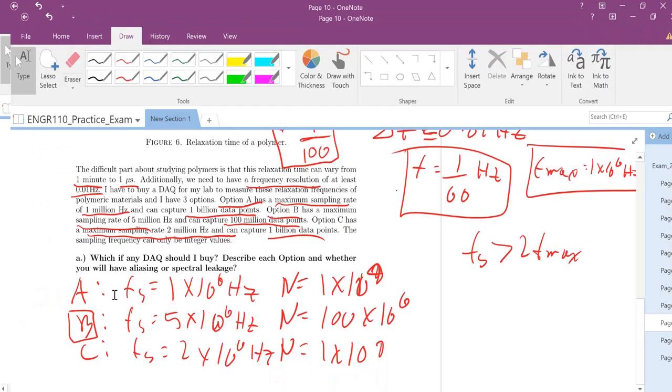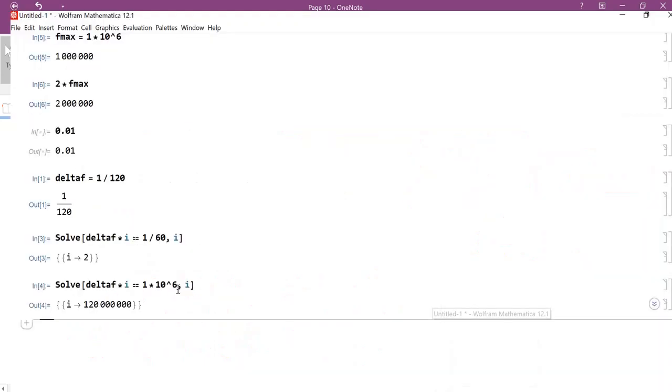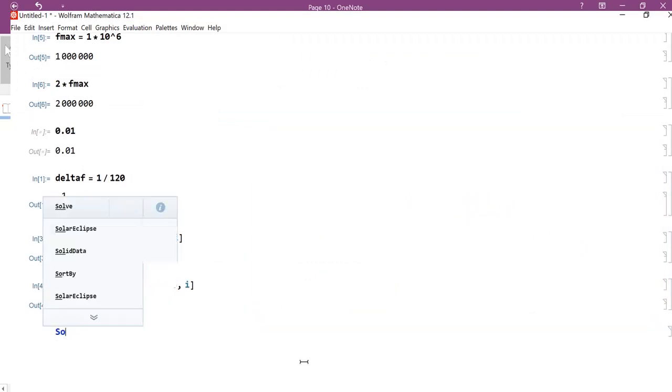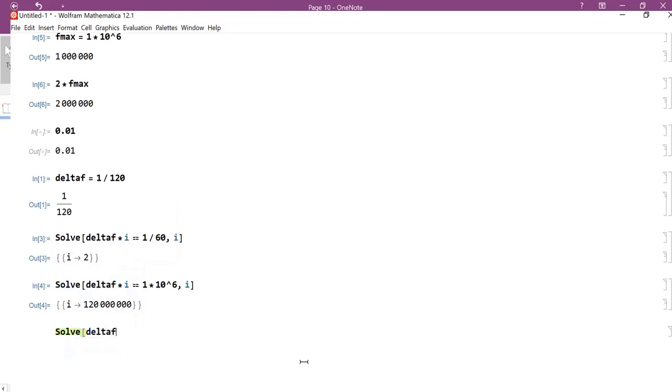Looking back here, we already canceled out A and C. It's not going to work here. So instead, let's try and play around with B. With B, I could sample up to 5 million hertz. So let's solve. I know that delta F is equal to Fs divided by big N.